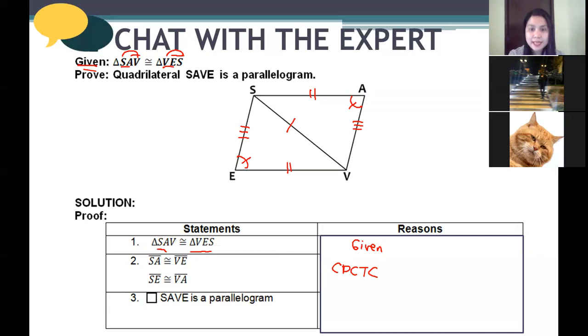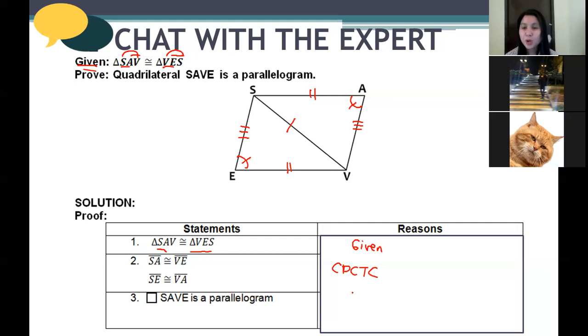CPCTC means corresponding parts of congruent triangles are congruent. It means that if they are corresponding parts like A and E, then they are also congruent. The last, you see, two pairs of the opposite sides are equal. Therefore, quadrilateral SAVE is a parallelogram.